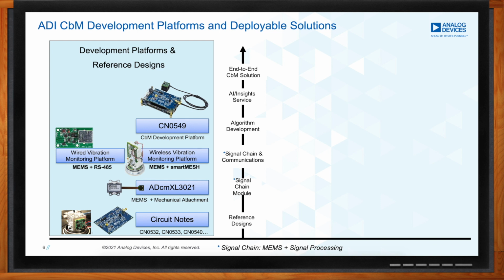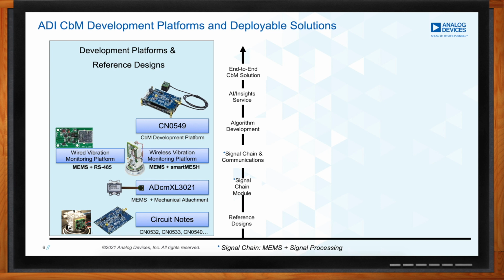And as we look to deploy higher performance condition monitoring solutions, and I'll be more specific, as we look to deploy MEMS sensors that can sense up to 10 kilohertz, the mechanical coupling of that MEMS sensor to the asset becomes really important in order to sense those very small vibration signatures that allow us to have a high impact condition monitoring solution.